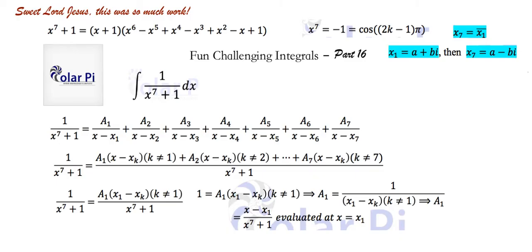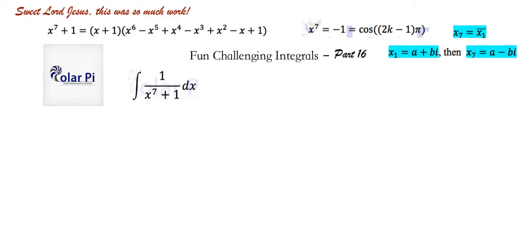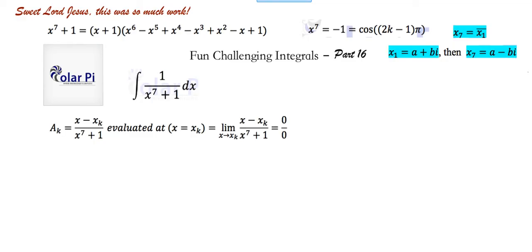Anyway, what's next? Next is this, which is, keep in mind, we just said A1 is this quotient evaluated for x equals x1, right? Okay, cool. Let's get some space. So then, by that logic, in general, a sub k is going to equal this quotient evaluated for x equals x sub k, right?